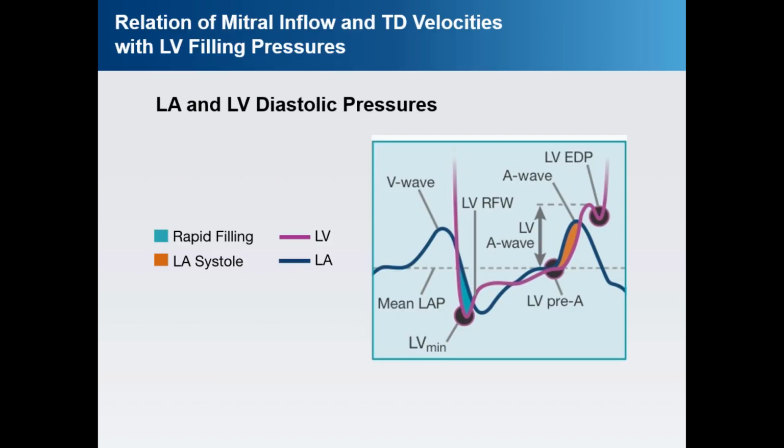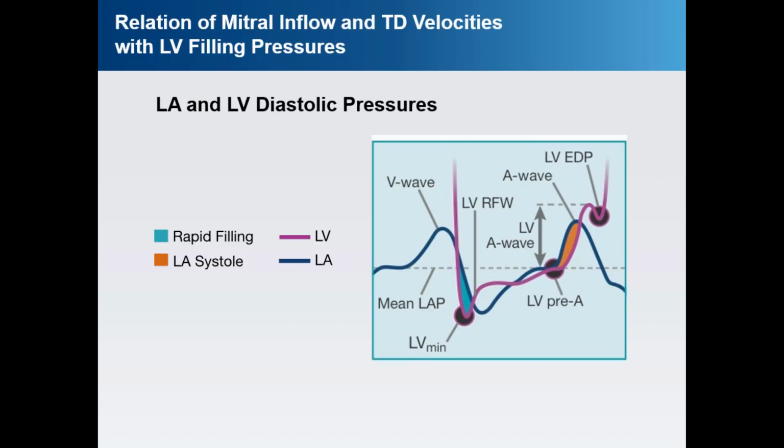You also, at times, if you're going to go for LV stiffness, need what we call conductance catheters that measure volumes and pressure at the same time, and ideally with alterations of the loading conditions. For example, inflating a balloon in the IVC or lifting someone's legs and things like that.